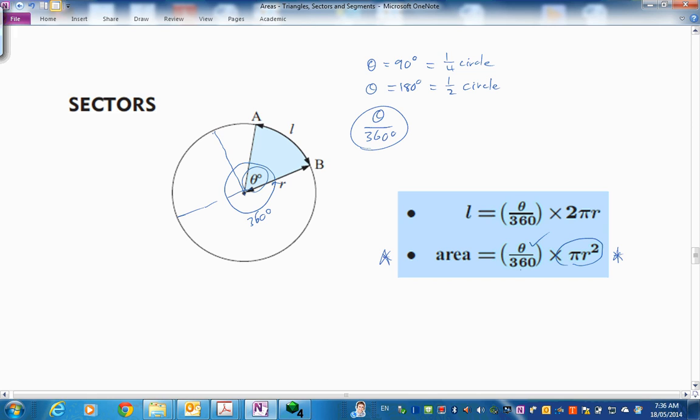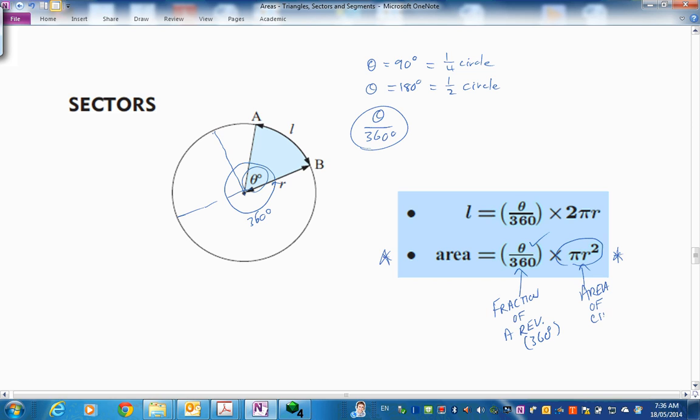And you're thinking of it as a fraction of a revolution, or of a circle, because you know a revolution is 360 degrees. Find out what part of that you've got, and that's what part of the area of the circle you've got. So you could have worked that out for yourself, I think.